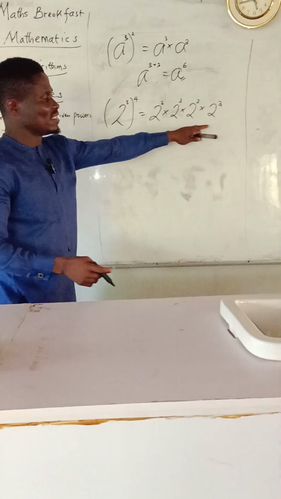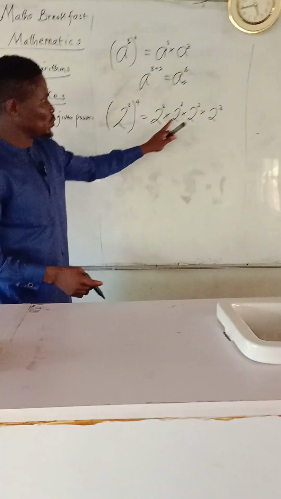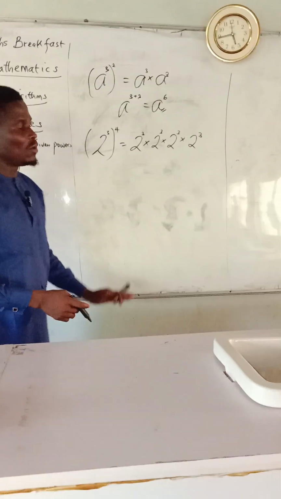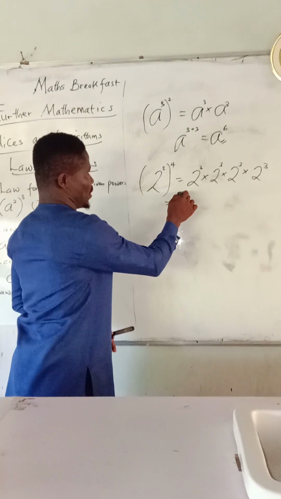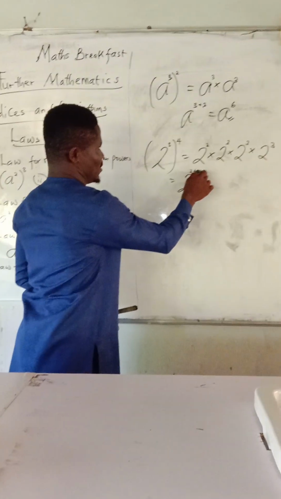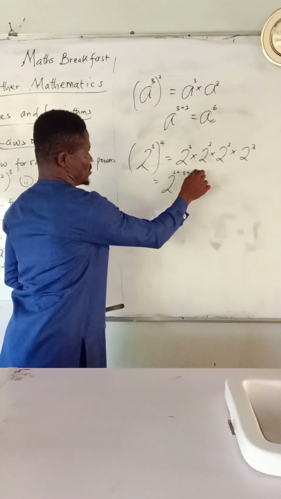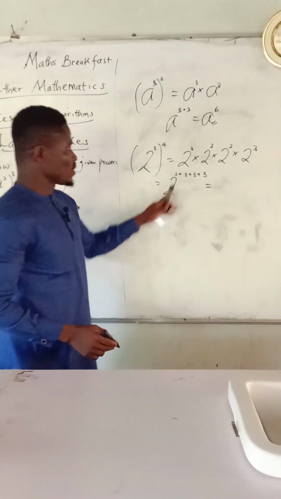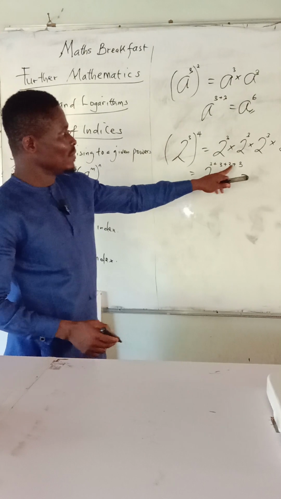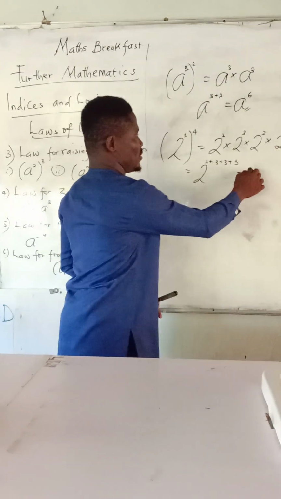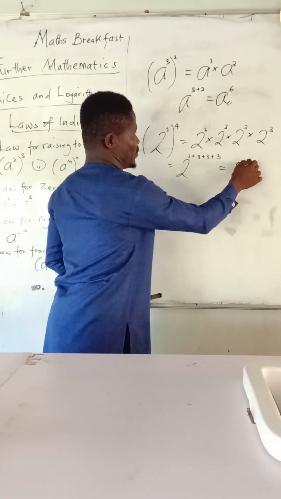Now, because the base is the same, base 2, you add the indices. That is 2 raised to power 3 plus 3 plus 3 plus 3. This is equal to 3 plus 3, 6, plus 3, 9, plus 3, 12. We have 2 raised to power 12.